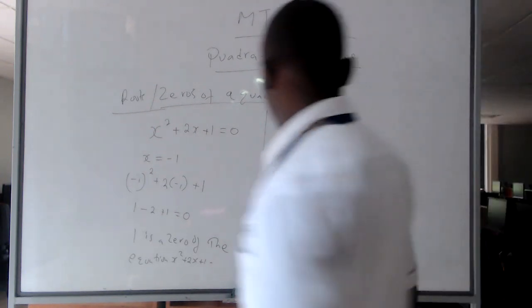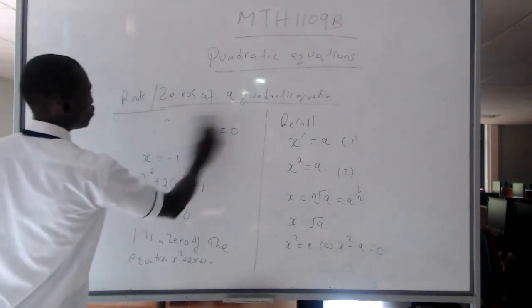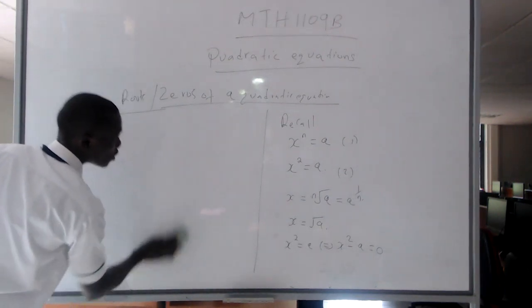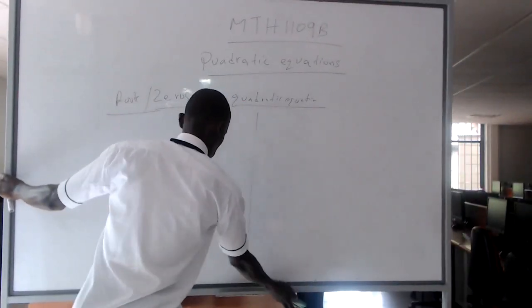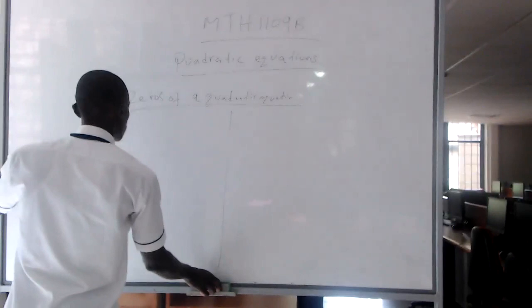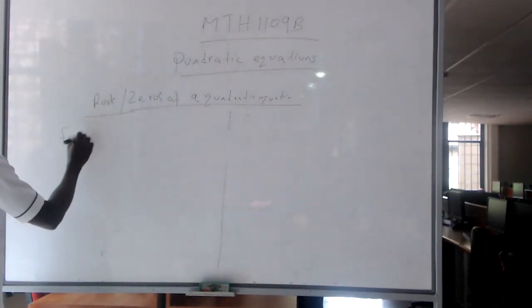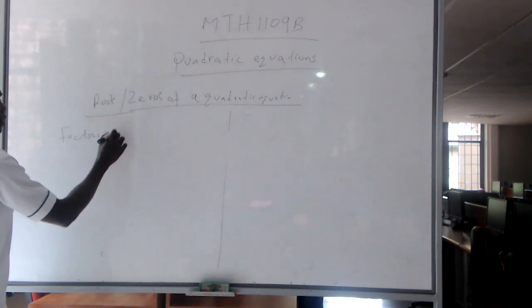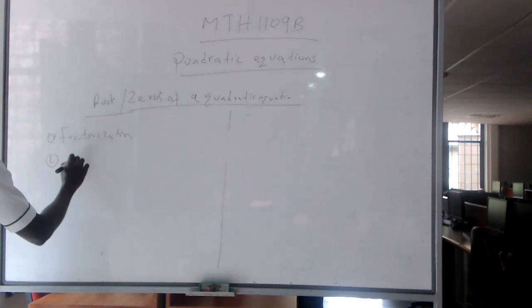Now let's look at 3 methods that we will learn to use to obtain roots or zeros of an equation. Number 1 is factorization. We did factorization before. The second method would be completing the square.